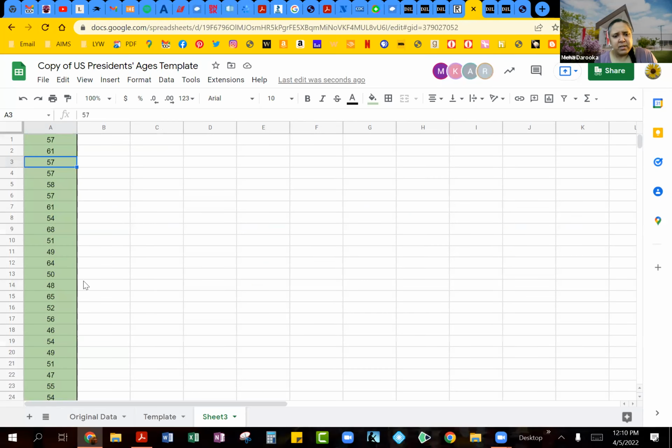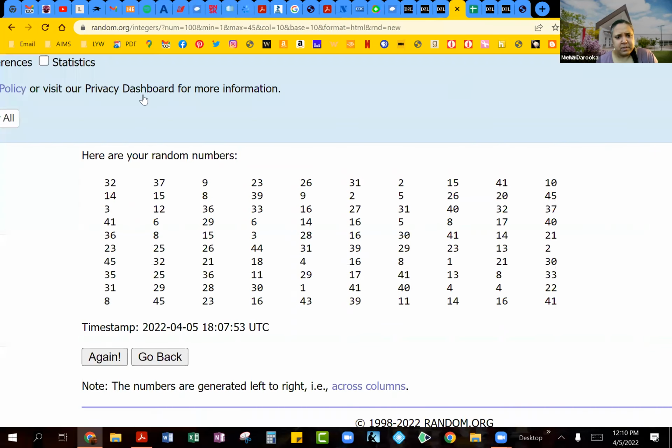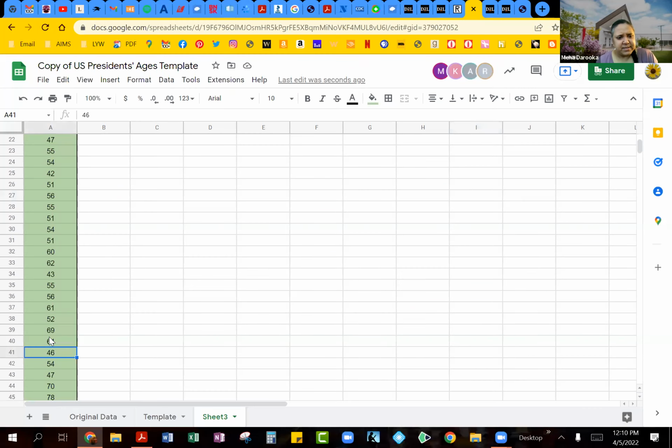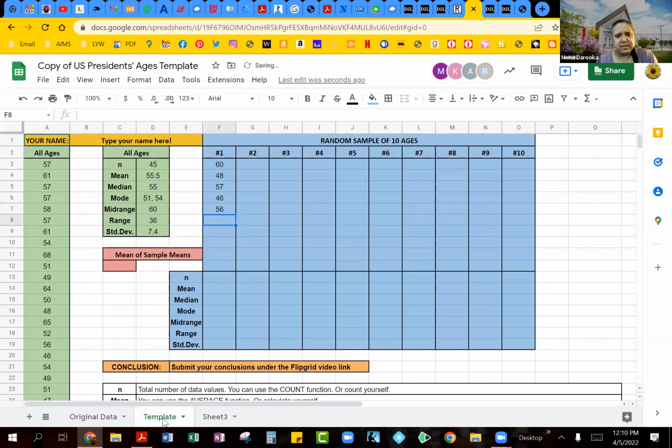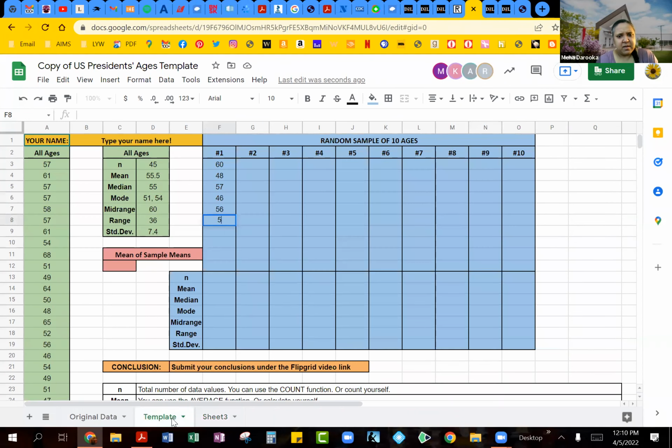Let's see, 41. So this is the part, like I said, that can be a little bit time consuming. 41 is age 46. 46 will go here. Let's see, 36 will be age 56. 23 is 55.